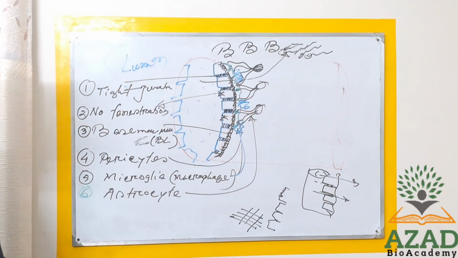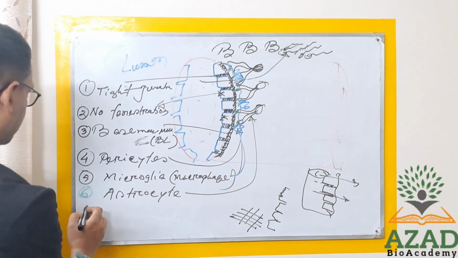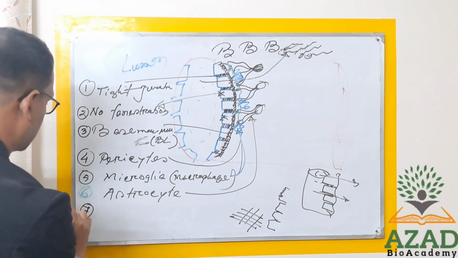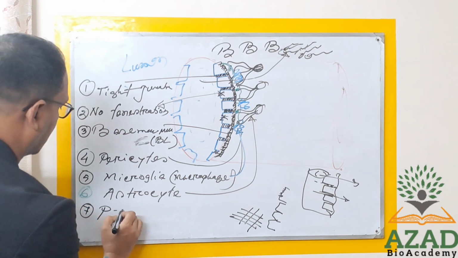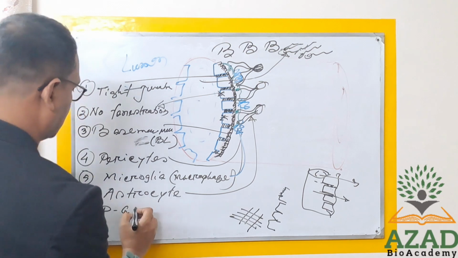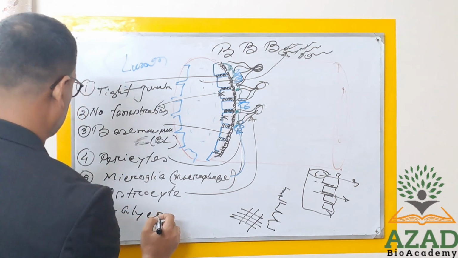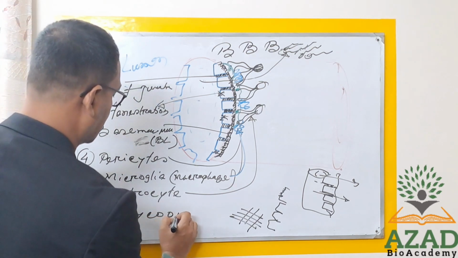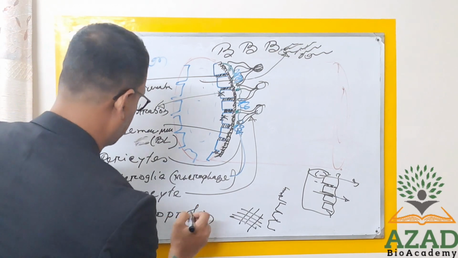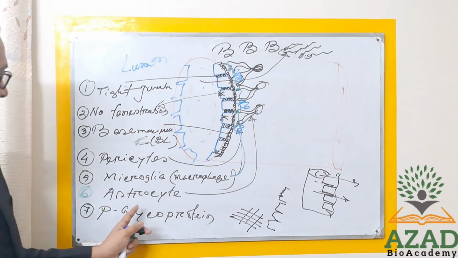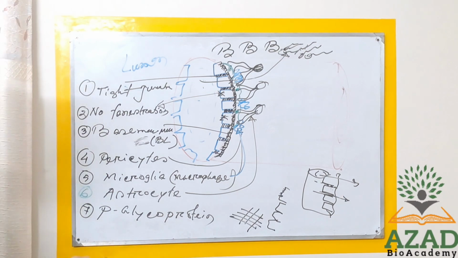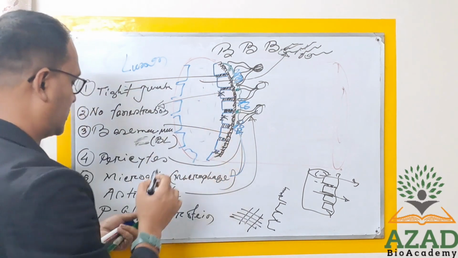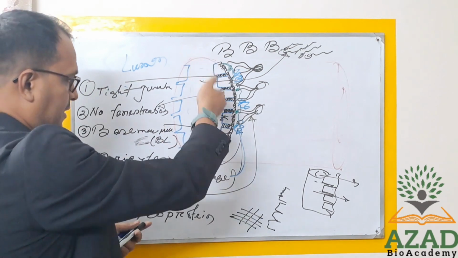Here is another thing which is present within the blood capillaries of the brain. Number 7 is P glycoprotein. That P glycoprotein is present in the luminal part of the endothelium, the luminal part of the capillaries.